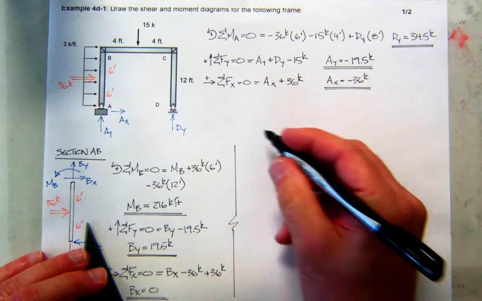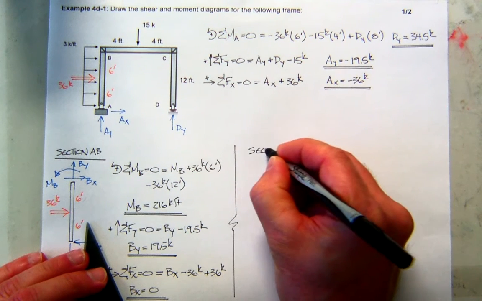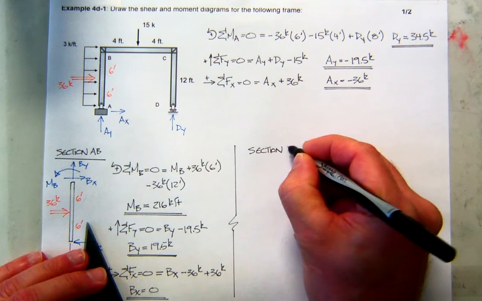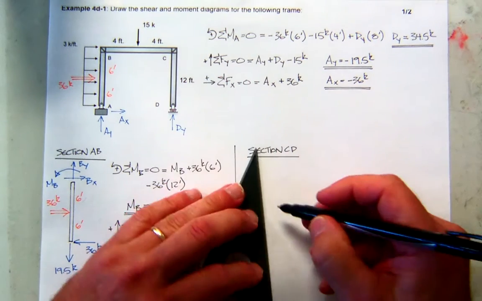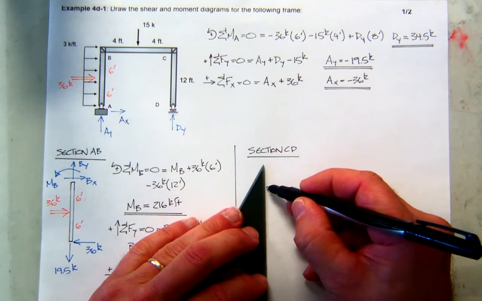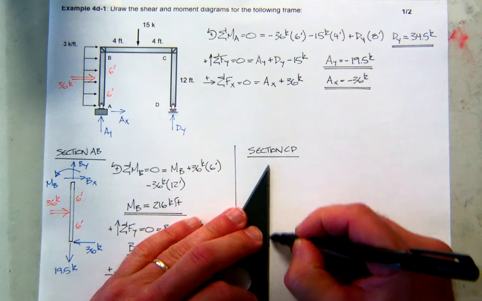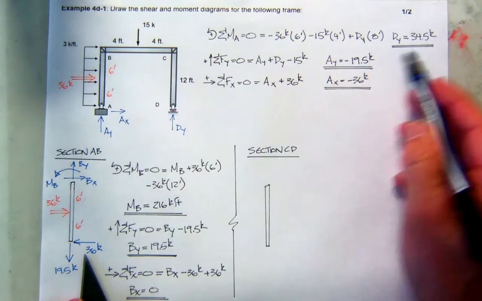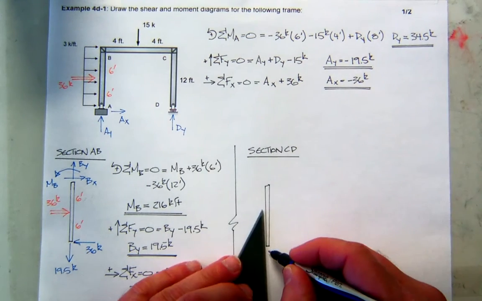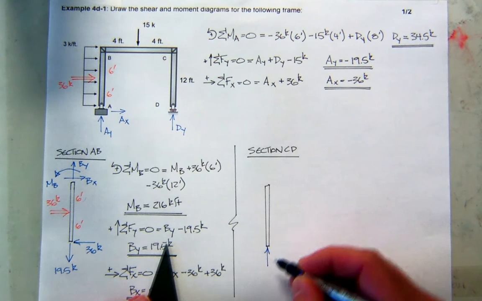So I'm going to come over here and repeat this that we just did, and let's look at section CD. So I'll draw the free body diagram for that. We found the reaction at DY. It was 34.5. It was positive, so that means it's up.